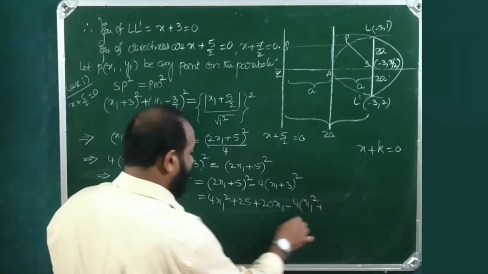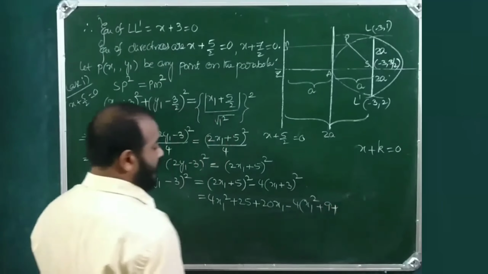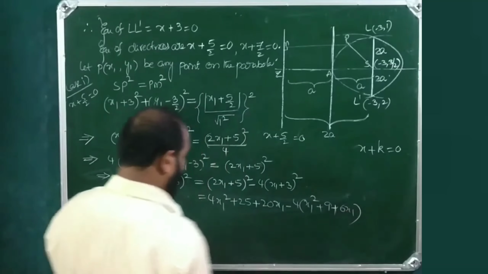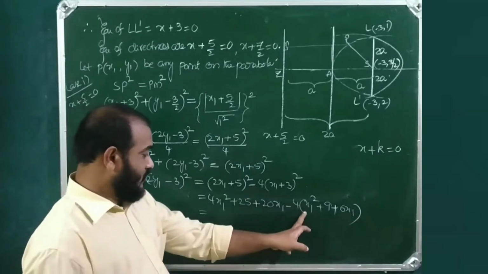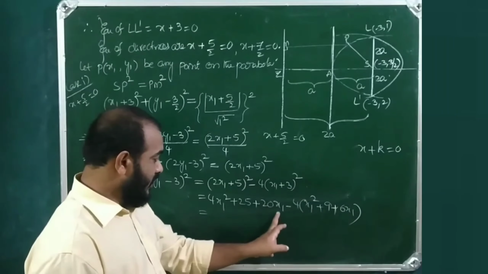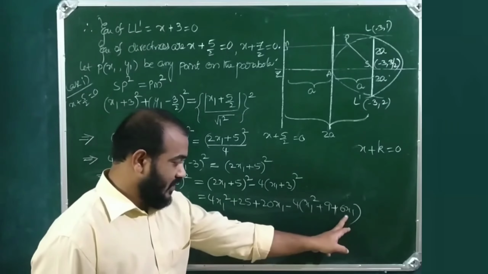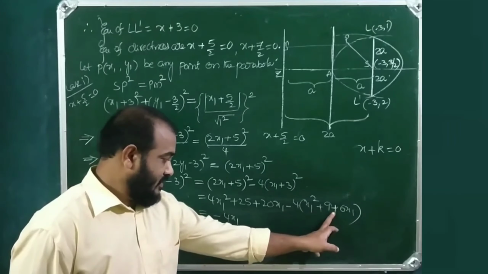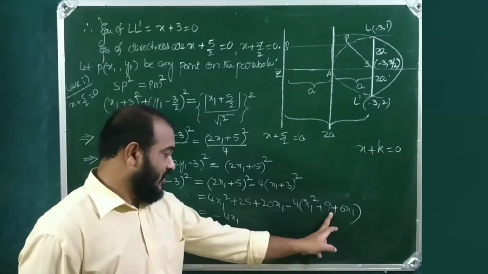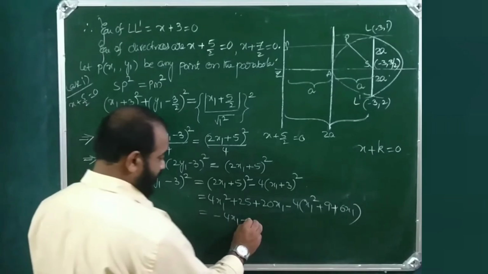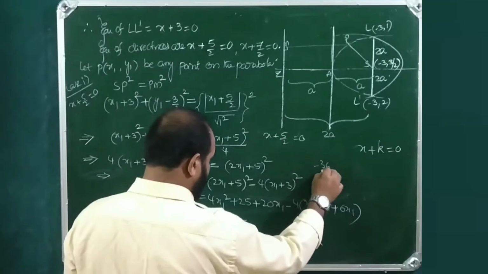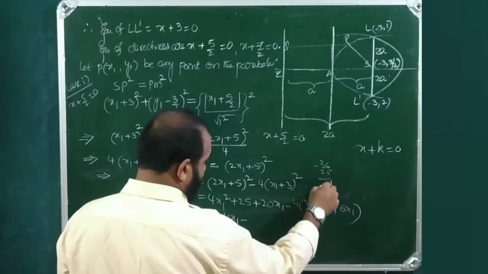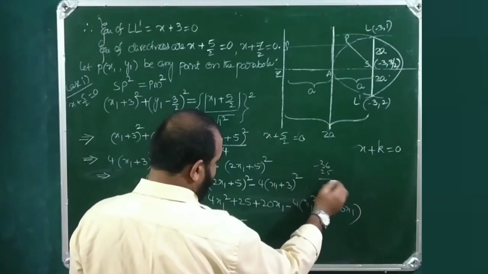This is equal to 4x1 square gets cancelled, 20x1 minus 24x1 plus 25 minus 36, that is minus 4x1 minus 11.